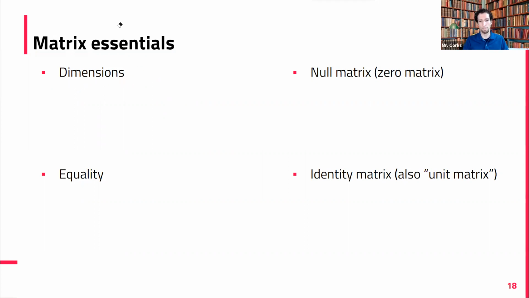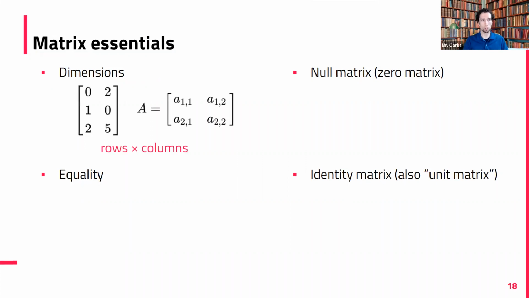Row multiplied by a column. Okay, rows, then columns, rows by columns. So in this case, we have 3 rows, 2 columns, so a 3 by 2 matrix. The order, rows first, then columns, is very important, and we will understand why when we get to matrix multiplication today.